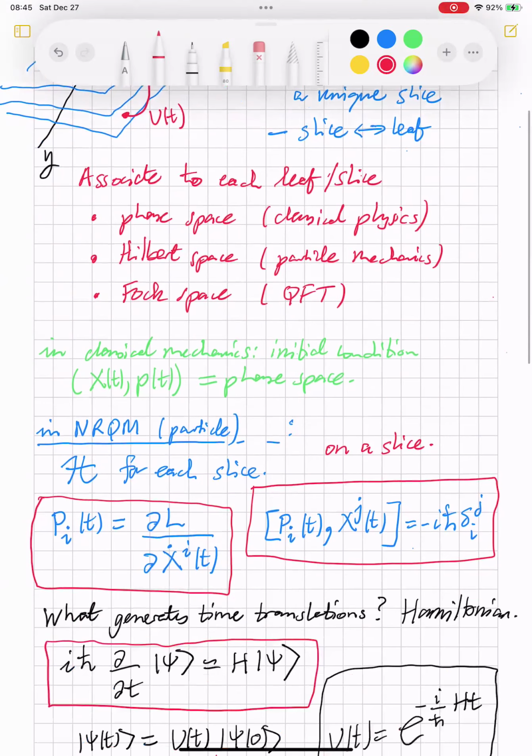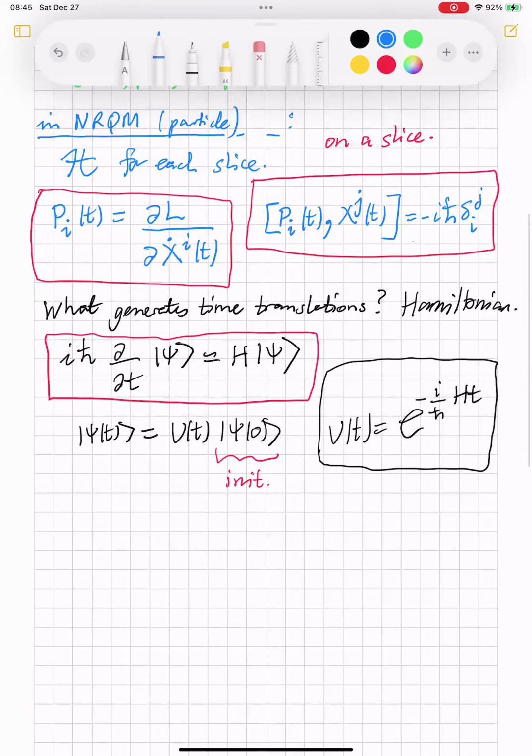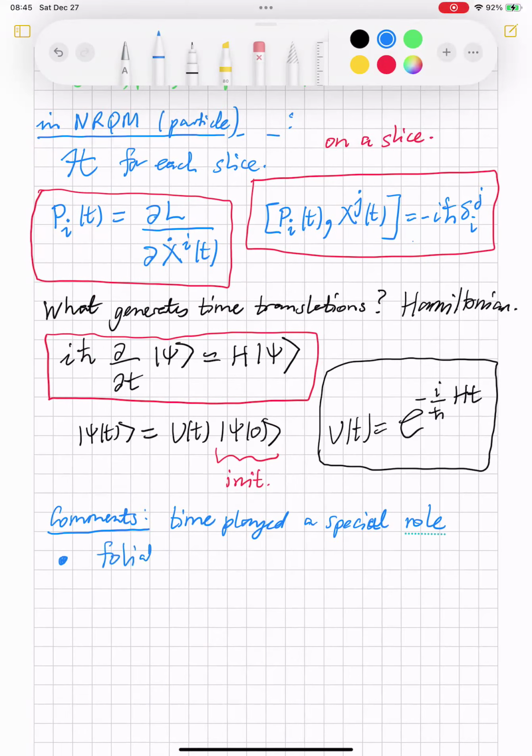So now let's just make a few comments. If you look here, time has played a special role. So let's see what role it played. The first role it played is that we used it to foliate space-time.